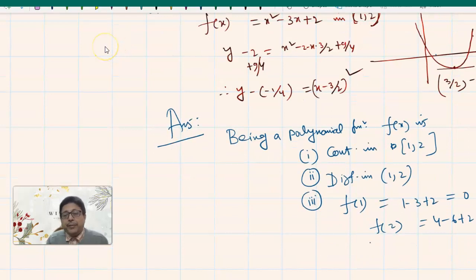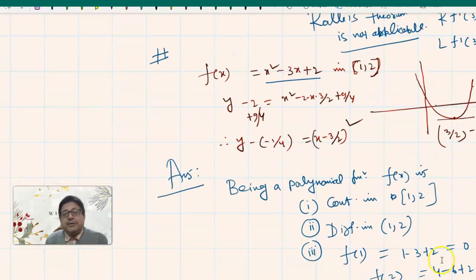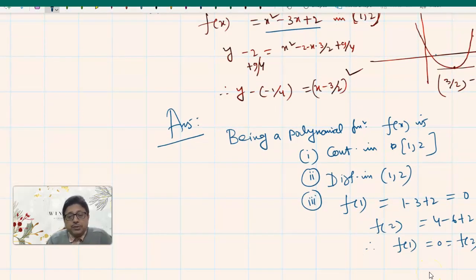So f(a) equals f(b). So Rolle's theorem can be applicable if we get a c in between 1 and 2. Let us see whether we can get c over there or not for this function f(x) equal to x square minus 3x plus 2.